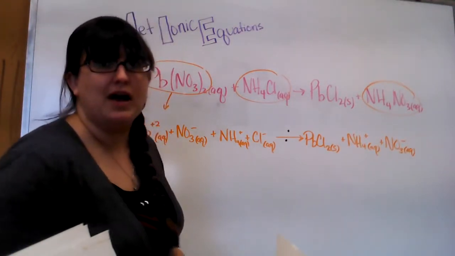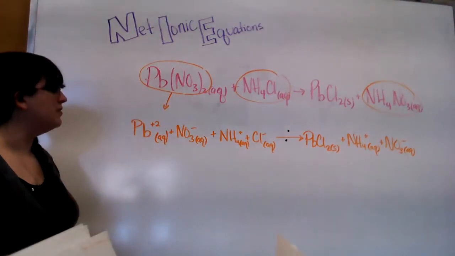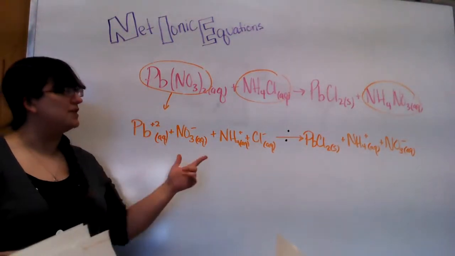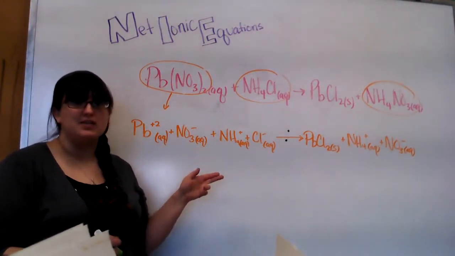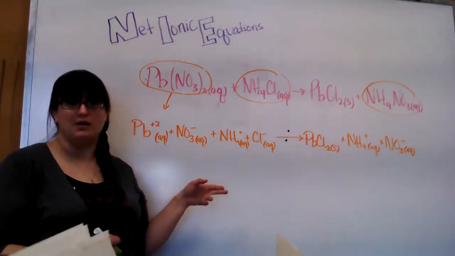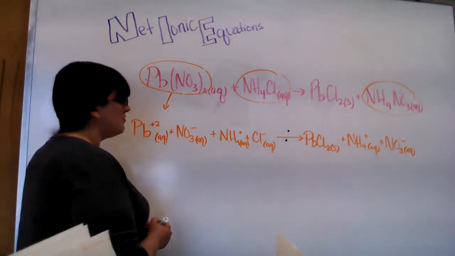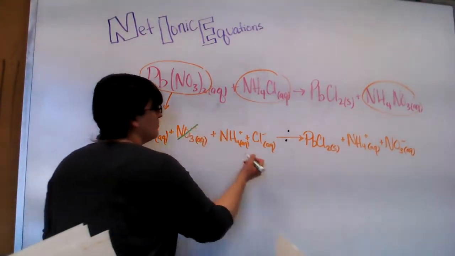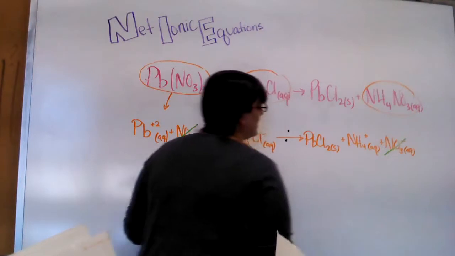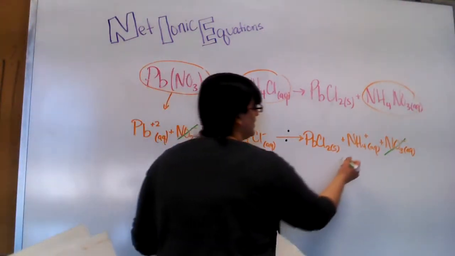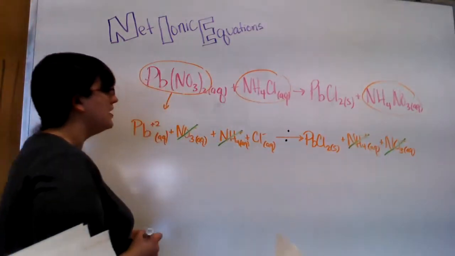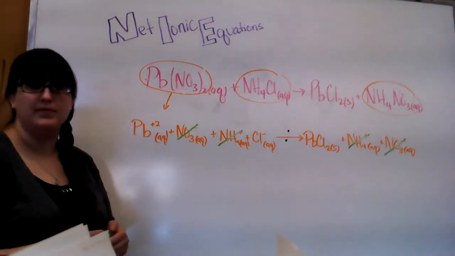So what we have to do now is go through and find what's on the left and what's on the right that we can get rid of. So if it's on both sides of the equation, and it's exactly the same on both sides, we can get rid of it. So NO3-, we have one here, and we have one here, so we can get rid of those. Our NH4+, we have one here, we have one here, we can get rid of those, okay?